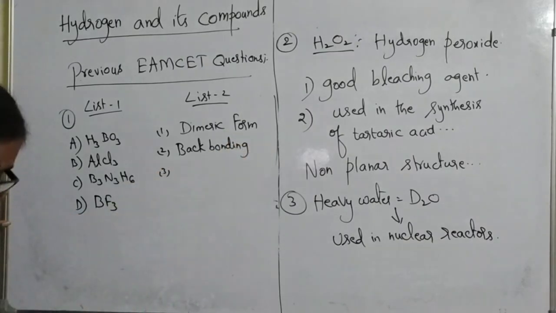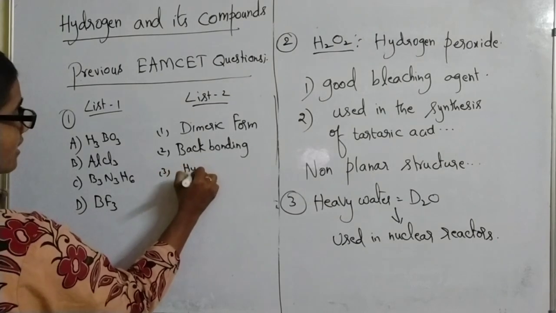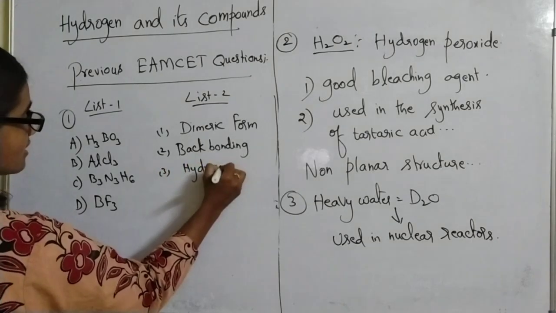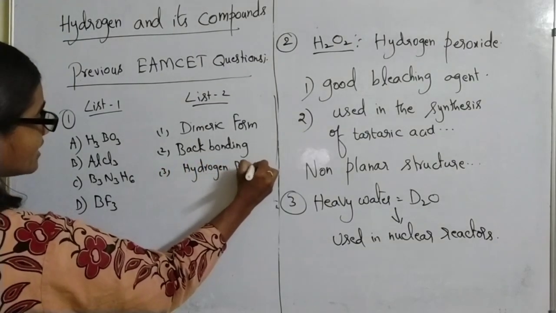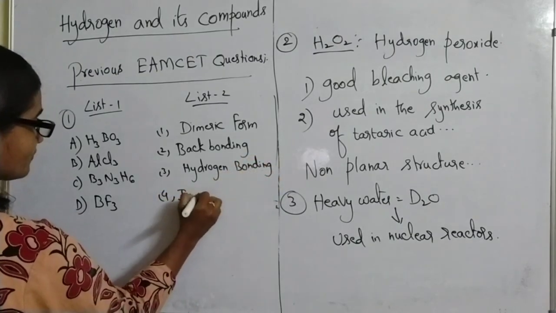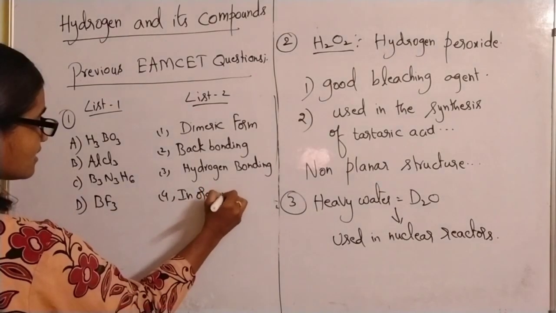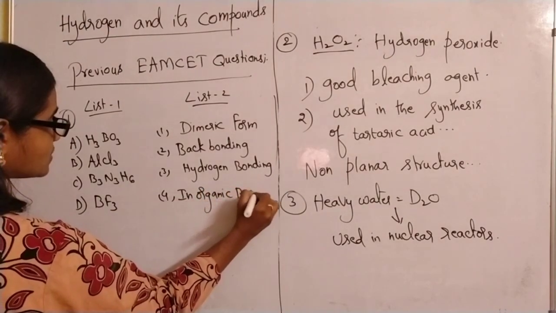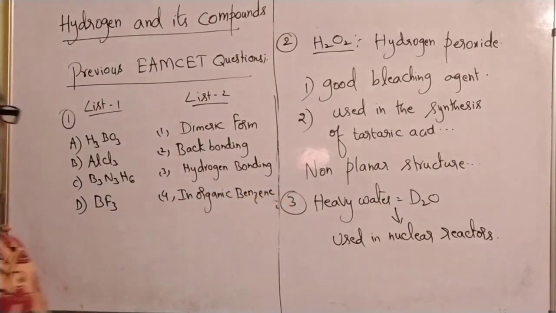Number 3 is hydrogen bonding, and number 4 is inorganic benzene. So you have to match these 4 with the 4 questions which are given in list 1.